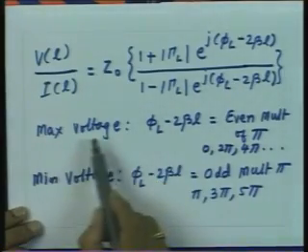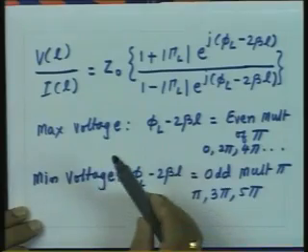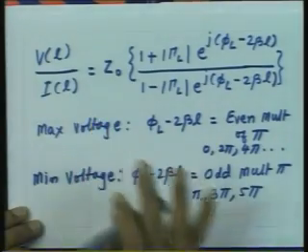So, when the voltage is maximum, the impedance seen on the transmission line is real, irrespective of what the line is terminated in. Even if the line is terminated in a complex impedance, if I move on the transmission line and go to a location where the voltage magnitude is maximum, at that location the impedance measured will be always real.